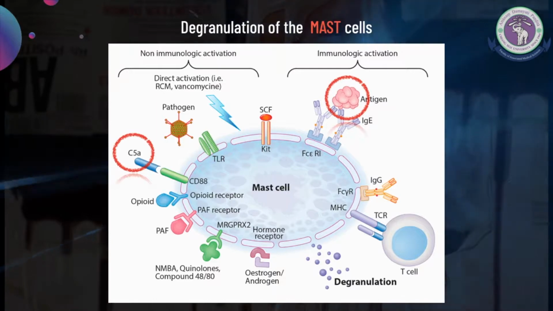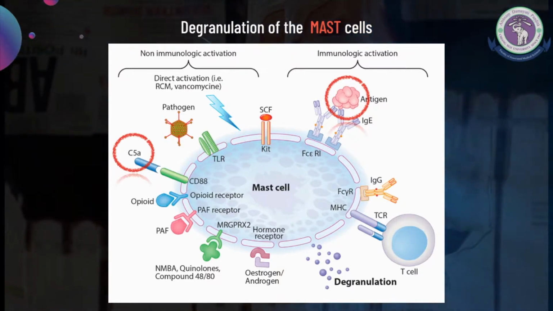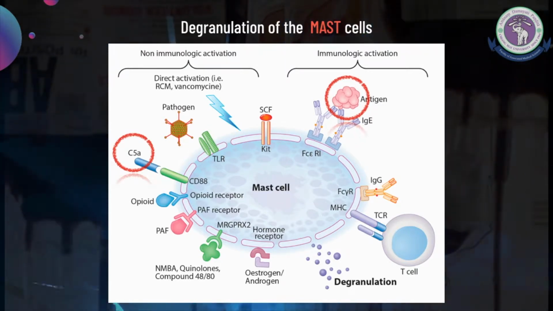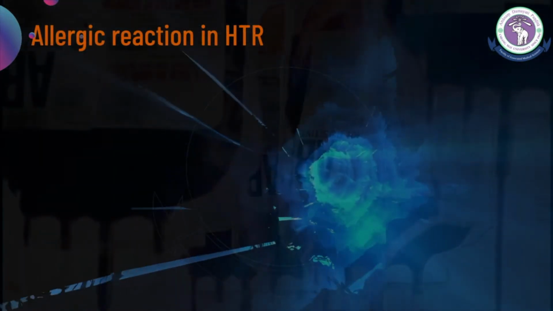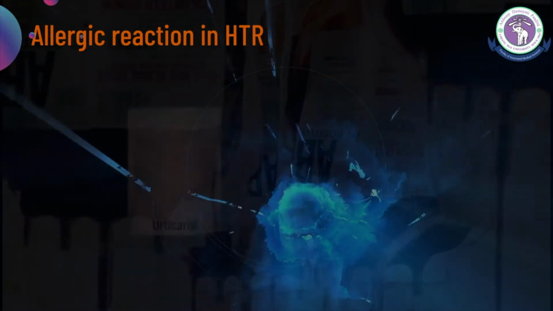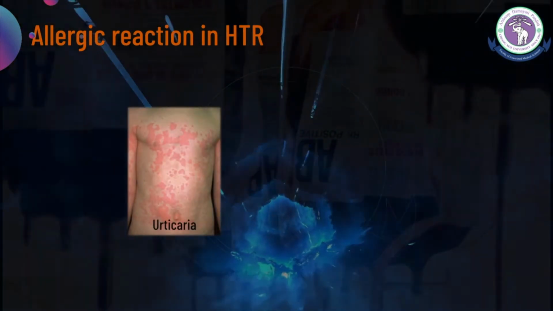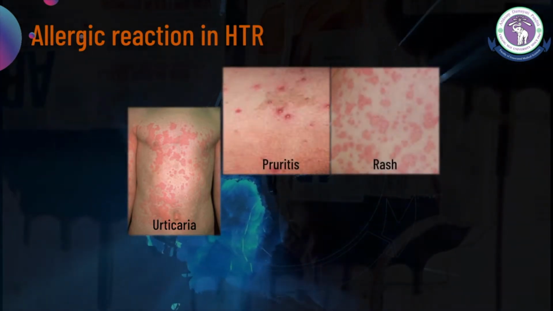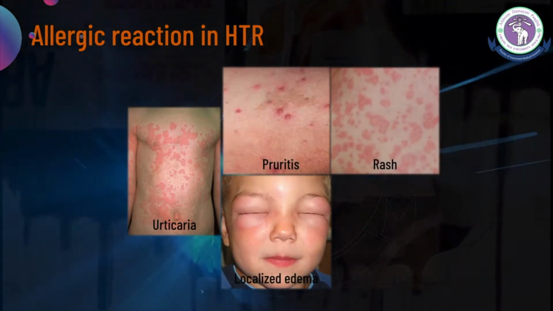These two events lead to degranulation and release of mediators, including histamine, that can cause allergic reaction. So, the allergic reaction occurring in HTR will be called mimic allergy. Allergic reaction in acute hemolytic transfusion reaction includes urticaria, which may itch, pruritus, rash, localized edema, and flushing.